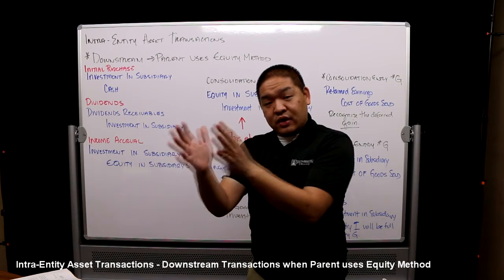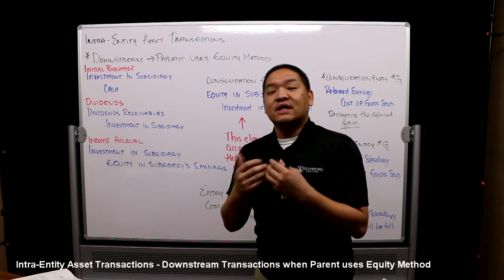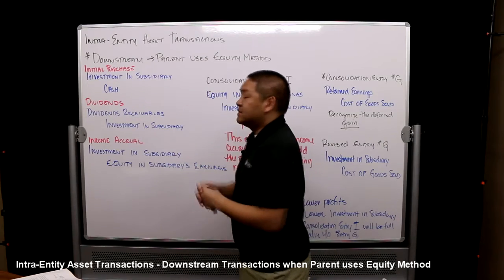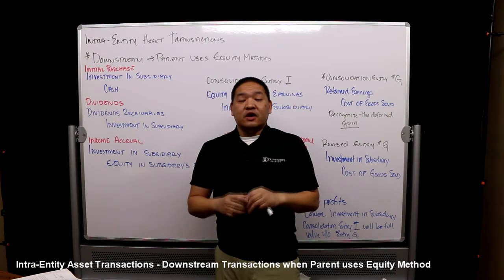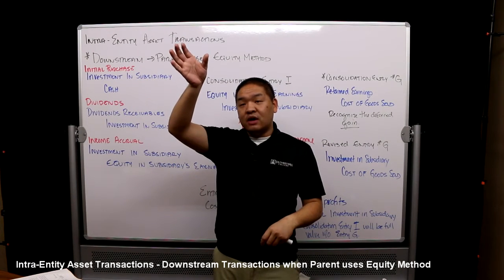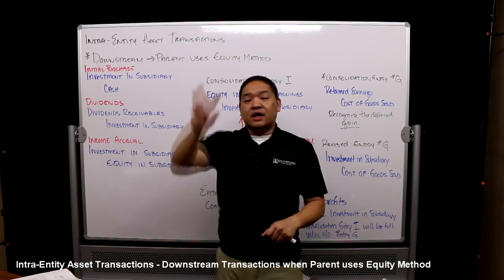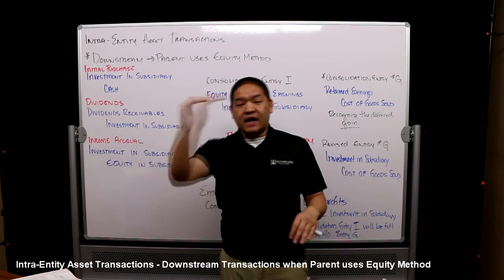What we do after that is we need to eliminate the investment in subsidiary when we consolidate. So if we go back a few chapters again, if you remember, we had a consolidation worksheet. We have one column for the parent and another column for the subsidiary, and then on that worksheet, typically we just add across.